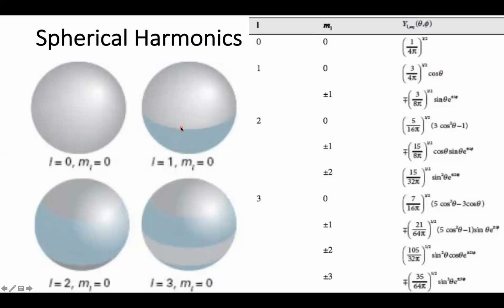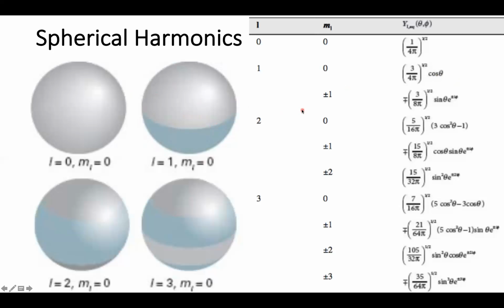So essentially at the middle of the equation. So when theta equals pi halves, so at the middle of the sphere, at this point, the equation goes to 0. I have a node in my wave function going right around the middle.